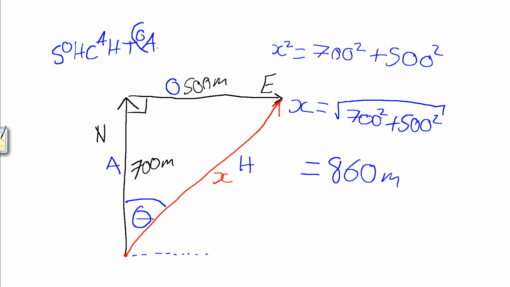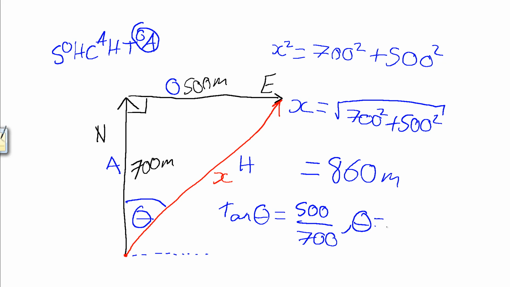And we can see if we've got the opposite and the adjacent, it means we're going to use the tan function. So the tan of our angle theta is equal to opposite over adjacent, which in this case is going to give us 500 over 700. And that means that in order to get theta, that's going to be the inverse tan of our 500 over 700.